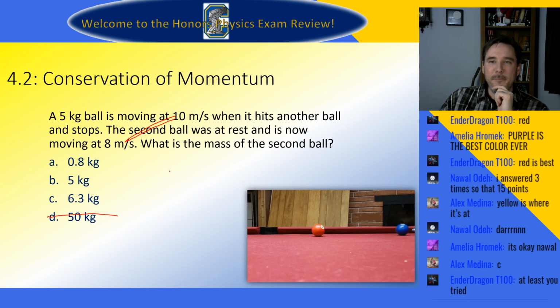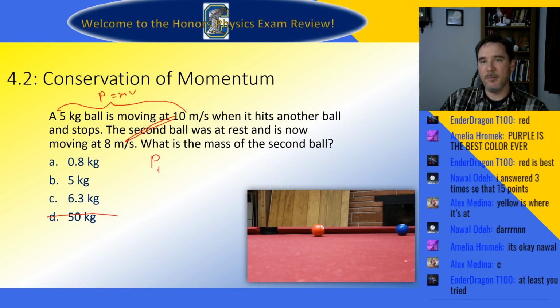All right, well, it kind of goes back to that previous question. How much momentum did the first ball have? How much did it lose? And then, because it lost it, how much did the other ball gain? All right, so the mass of the blue ball is going to be 5 times 10.